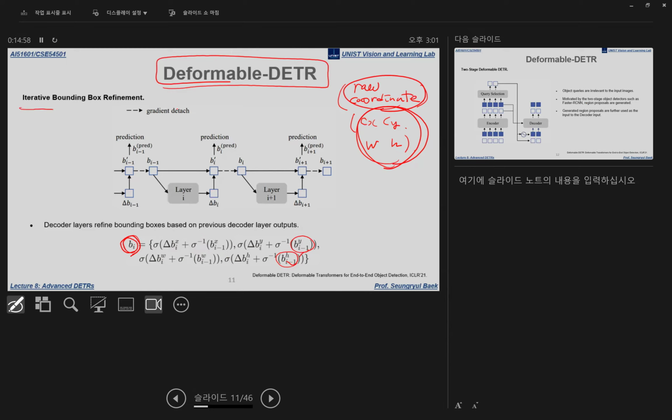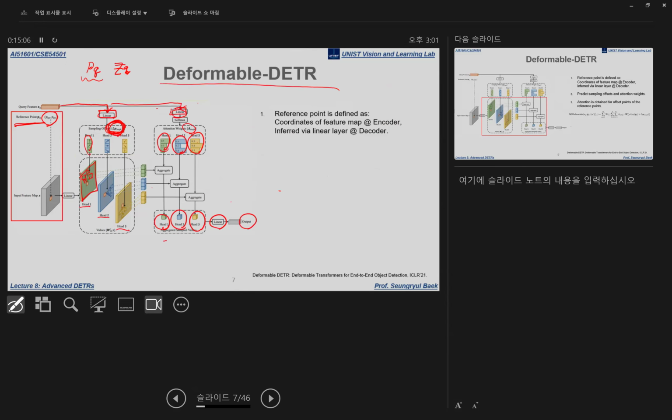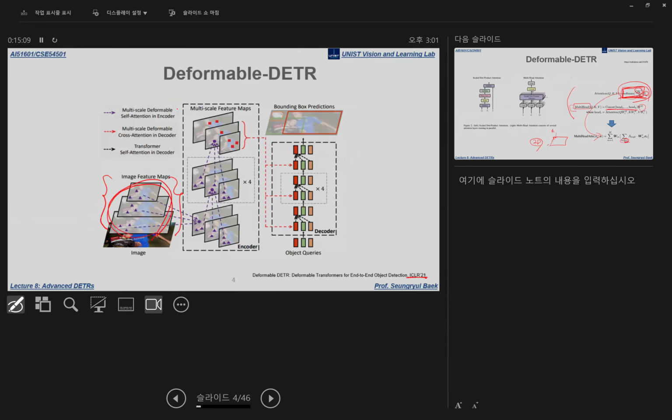And also this iterative bounding box refinement happens during the decoding process. So here in the decoder, there are multiple cross-attention steps.